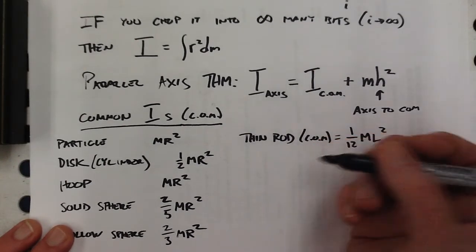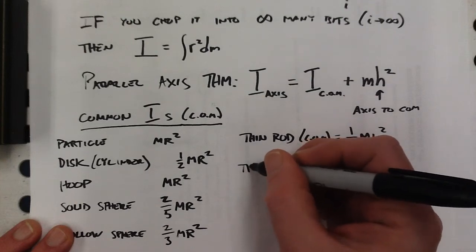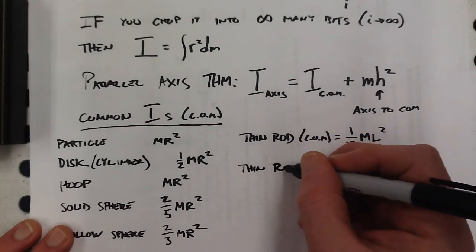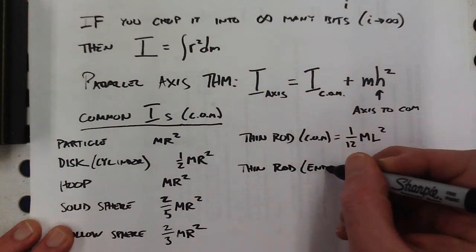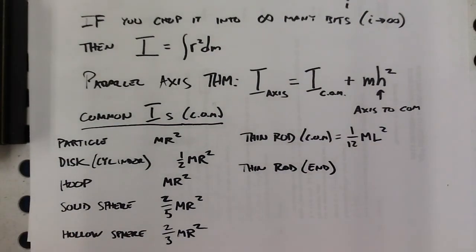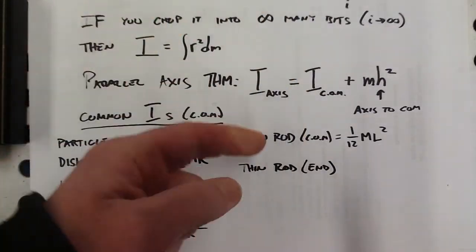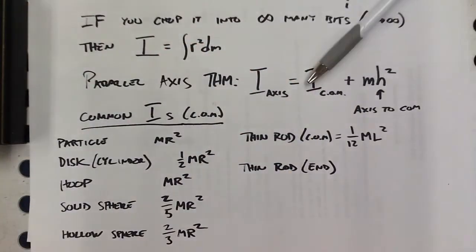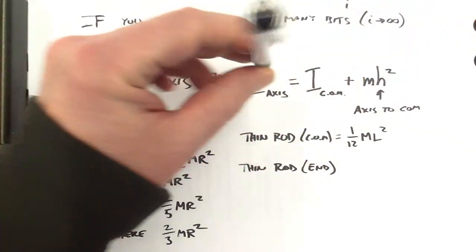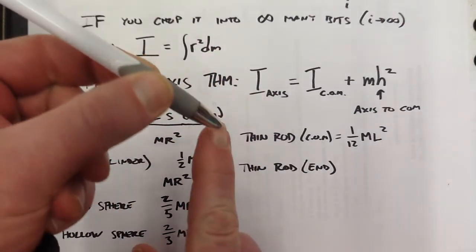And a thin rod about the end, which is pretty common, kind of like swinging a baseball bat, or if you balance a stick. If you balance something like this and you let it fall over, it's really like a thin rod rotating about one of its ends.